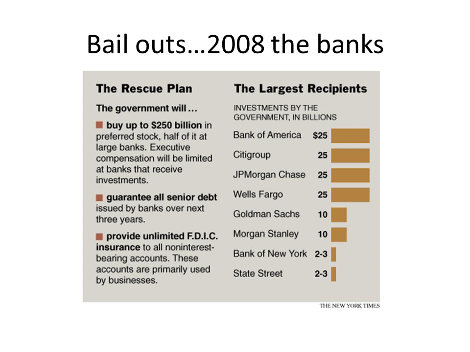So here are the largest banks and how much money in billions that they received. If you look, Bank of America, Citigroup, JP Morgan Chase, Wells Fargo, Goldman Sachs, Morgan Stanley, all received over $10 billion in bailouts.